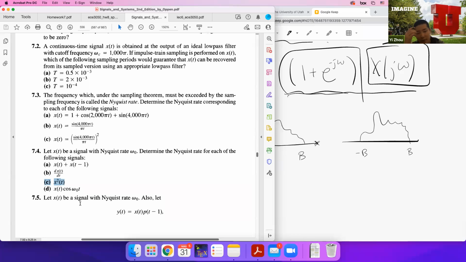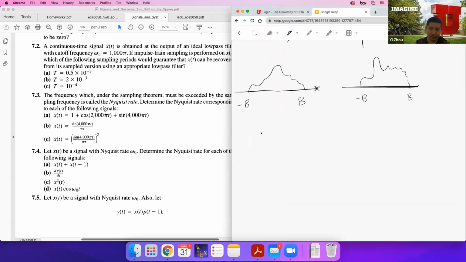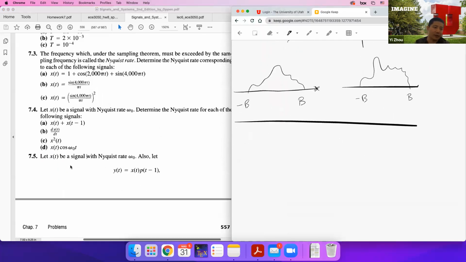This is part C. Now part D is a modulation where you modulate the signal by cosine omega naught t, which we have discussed before in the Fourier transform part. This modulation is basically shifting the spectrum of x(t) to a higher frequency.